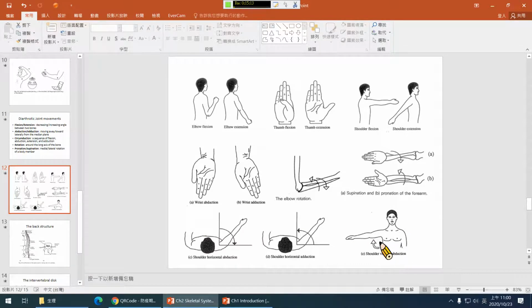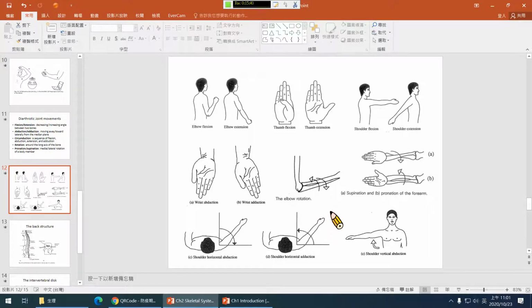How about this? Yeah, shoulder abduction, okay? This is vertical view, shoulder abduction, because it's moving away. And this is shoulder horizontal abduction. If your shoulder was like this and you move away from the sagittal plane, it's shoulder abduction horizontally.